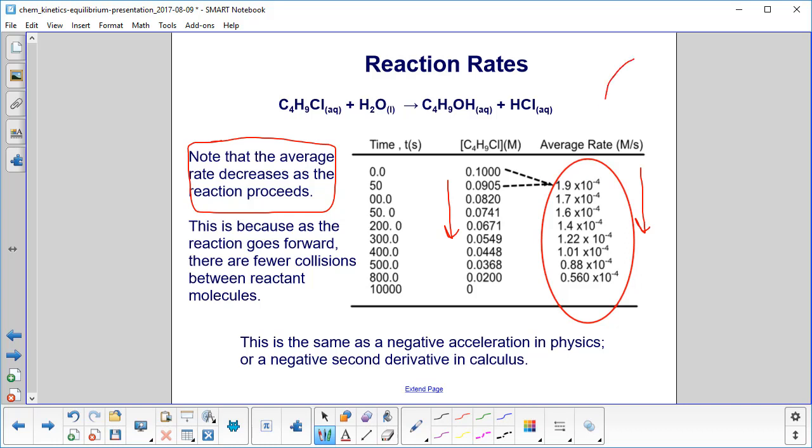Now this over here, once again, to make a physics analogy, that's negative acceleration. Acceleration is the change in velocity over time, where this rate, okay, was the change in concentration. So now the fact that the rate is decreasing, that's kind of like a negative acceleration. That rate's decreasing. And if you want to get fancy again, that's a second derivative in calculus. So if nothing else, you've heard these words, so when you do get to calculus someday, hopefully you'll remember it from here.